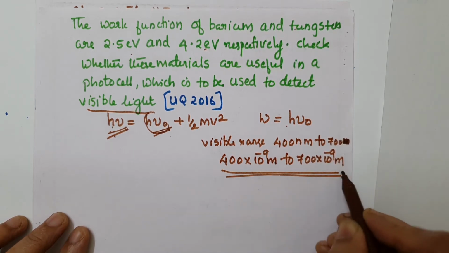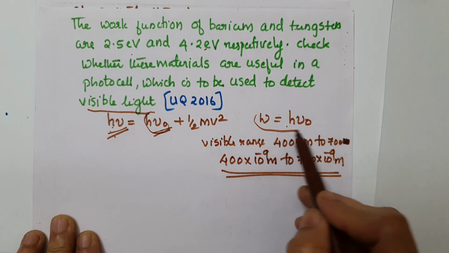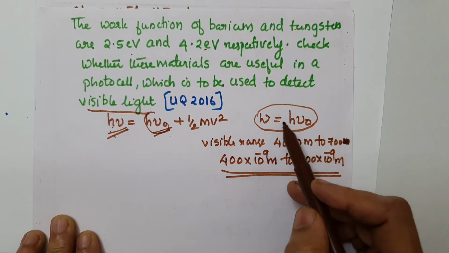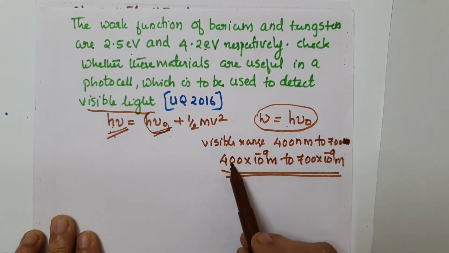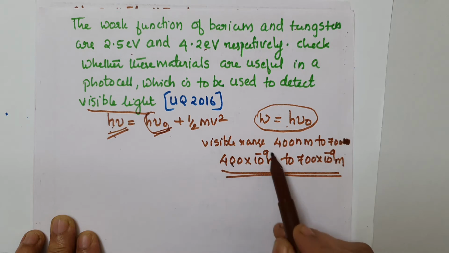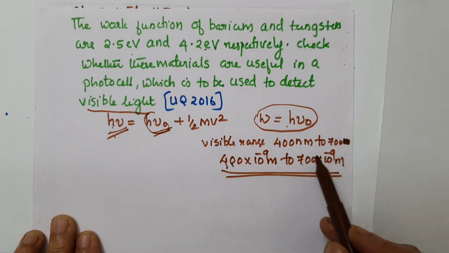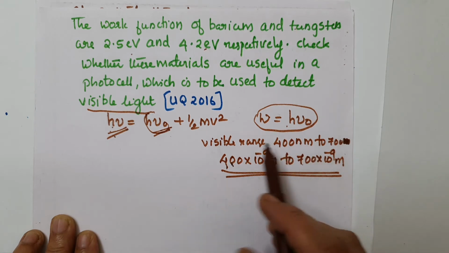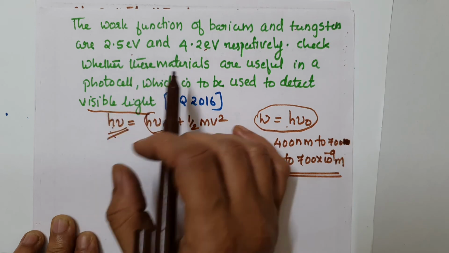This is the visible range. In this problem, W is the work function, and we have to know whether the energy comes in this range. So we first calculate the energy corresponding to 400 into 10⁻⁹ meter, and then the energy corresponding to 700 into 10⁻⁹ meter, and after that we check whether this energy in electron volt comes in this range.